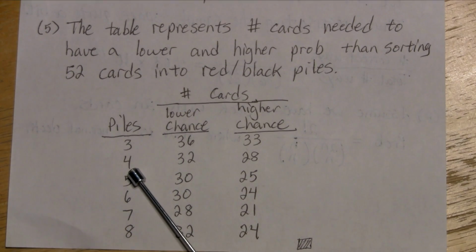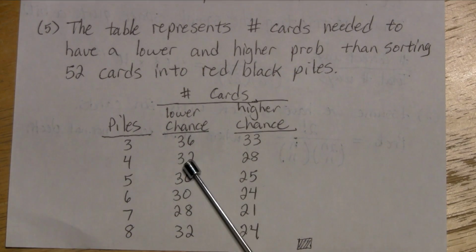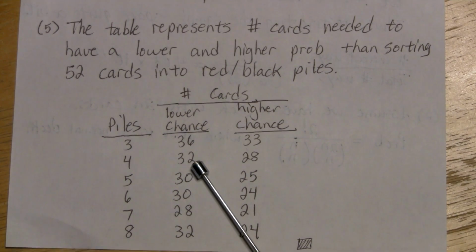So if we look at pile number 4, we're sorting the cards into the 4 suits: hearts, spades, diamonds, and clubs. If we take away 5 cards in each suit and then sort them, we're still a little bit less probability than the original 52 sorting into reds and blacks.